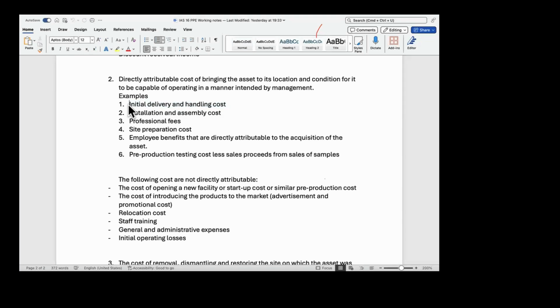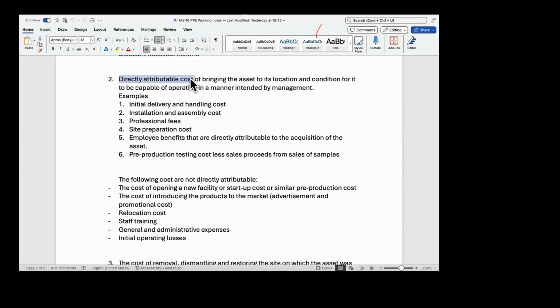And I told you something fundamental, that the nature of a directly attributable cost is that they are the costs you incur from when you pick up the asset from the supplier's place to when the asset gets to your location and is ready for use.